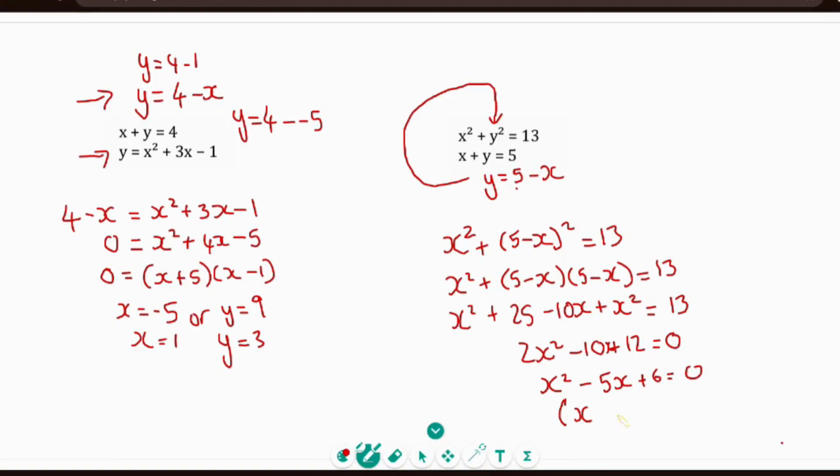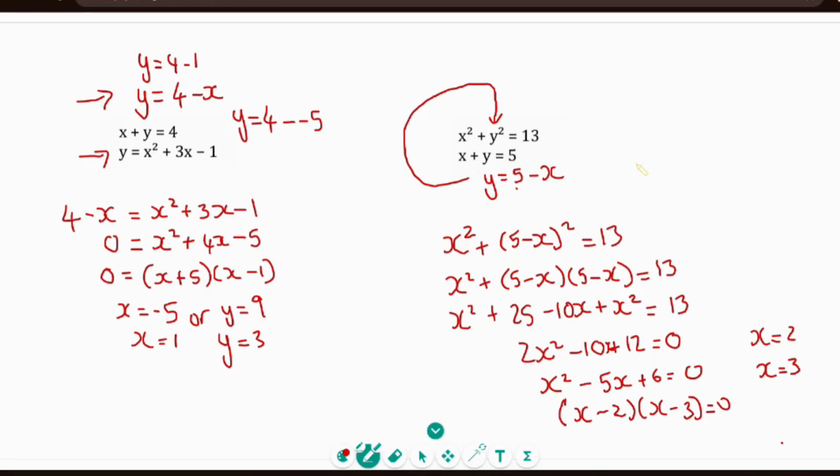So negative 2, negative 3. Negative 2 times negative 3 is 6. Negative 2 add negative 3 is negative 5. So we have x is 2, or x is 3.